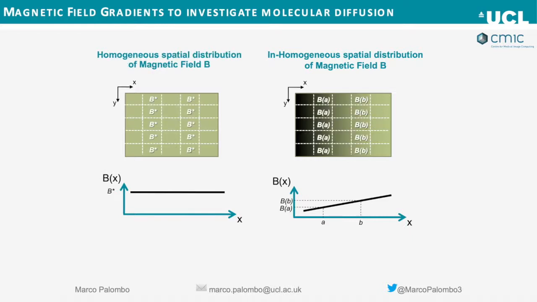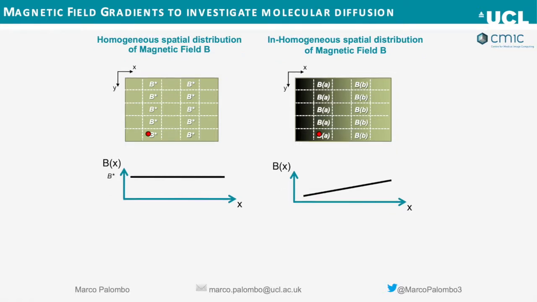This is effectively like placing a grid in our system that can be used to measure molecular displacement in the tissue by measuring the differences in the local magnetic field experienced by our probe molecules, either water or metabolites.